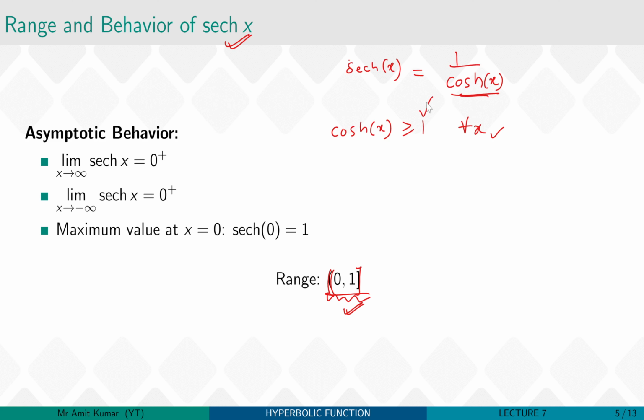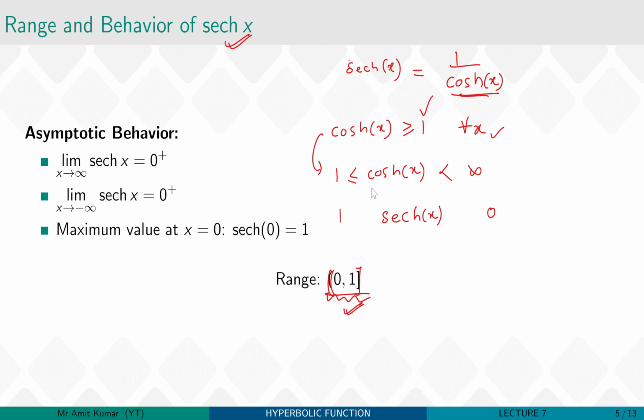So basically the minimum value of cosh x is equal to 1. This can be written as 1 is less than or equal to cosh x, which is less than infinity, a very large quantity. If we take the reciprocal, the reciprocal of 1 is 1, the reciprocal of cosh x is sech x, and the reciprocal of infinity tends to 0.